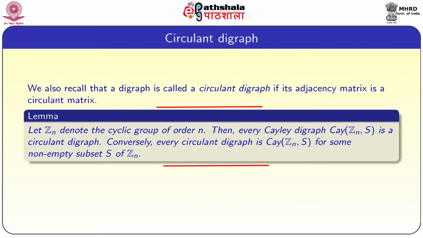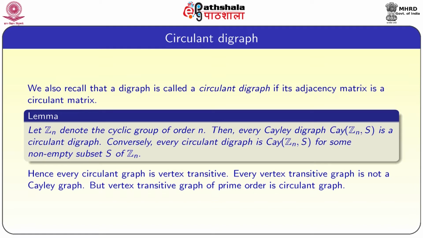Conversely, every circulant digraph is Cay(Zn, S) for some non-empty subset S of Zn. So, every circulant digraph is a Cayley graph. Hence, every circulant graph is vertex transitive. Every vertex transitive graph is not a Cayley graph, but every vertex transitive graph of prime order is a circulant graph.